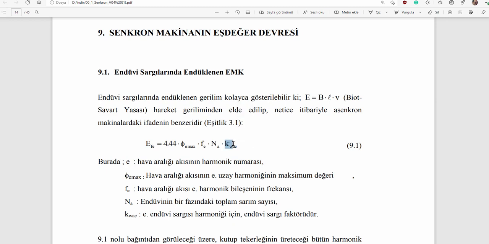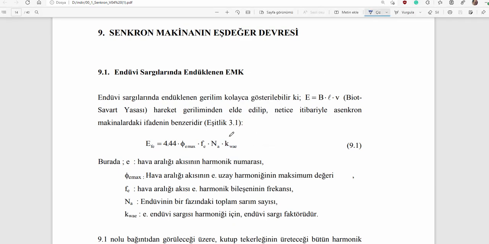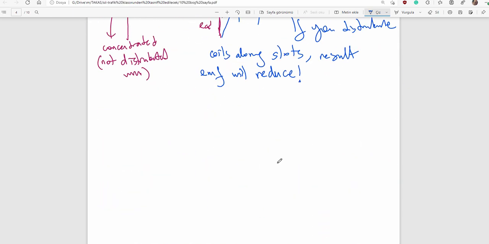Since we have distributed windings along the stator, there is a reduced EMF introduced by this coefficient, called the winding factor. Okay, KD.